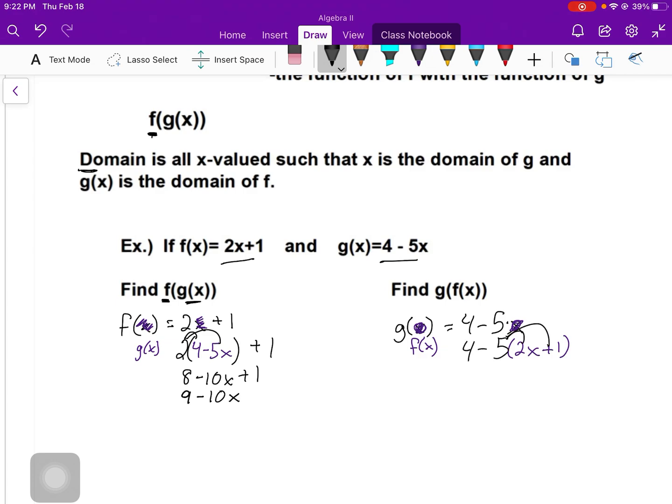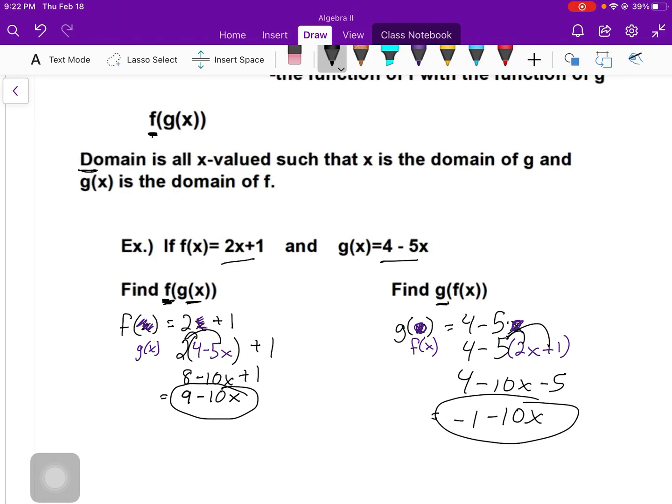So I'll distribute, a negative 10x minus 5. And then I've got that 4. Again, got a couple like terms, so minus 1 minus 10x. There you go. That's g of f of x. Notice that if I change the order, so if I put an f on the outside, this is what it simplifies to. If I put g on the outside, this is what it simplifies to. So the order does kind of matter.